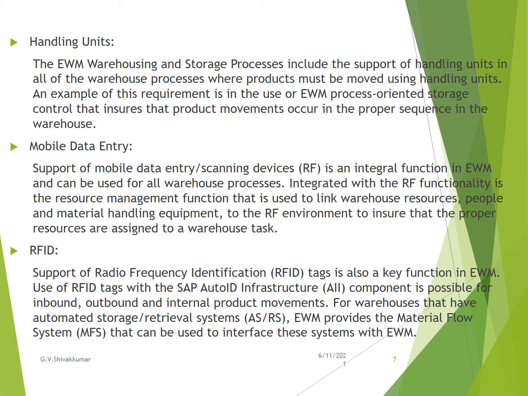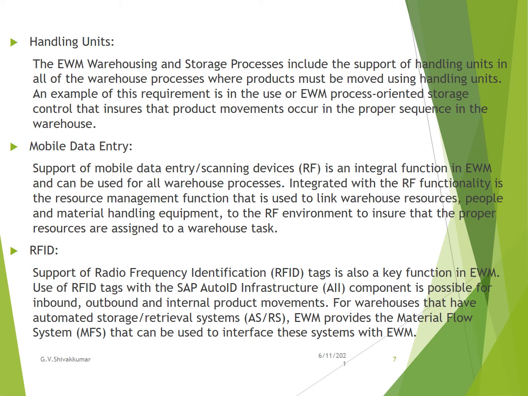To achieve ASRS in WM, we need to use warehouse control systems, WCS, which also requires a complex interface, and it can normally be achieved through the IDoc interface, using WM TO and WM TOCO and all these things.